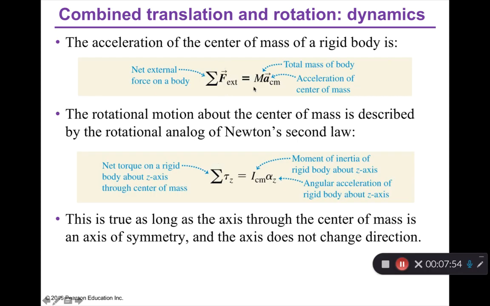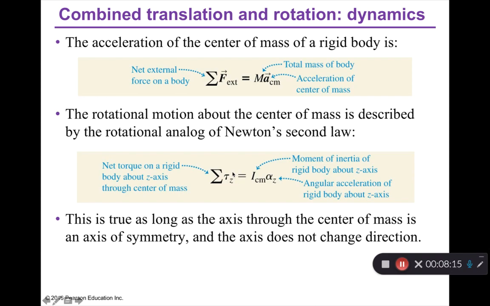So an object that's moving through space will follow Newton's second law. The sum of all the external forces on it will be the mass times the acceleration of its center of mass. And if there are any unbalanced forces on it that don't go through the center of mass, they'll cause a rotation.